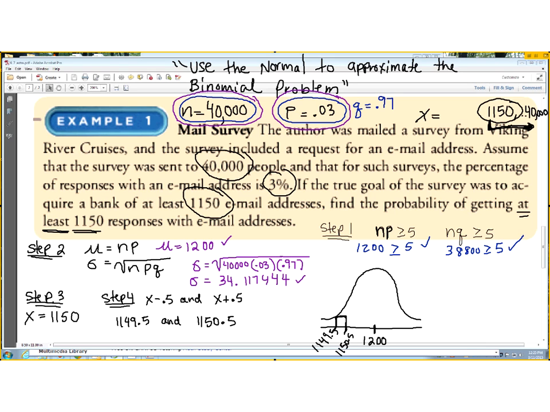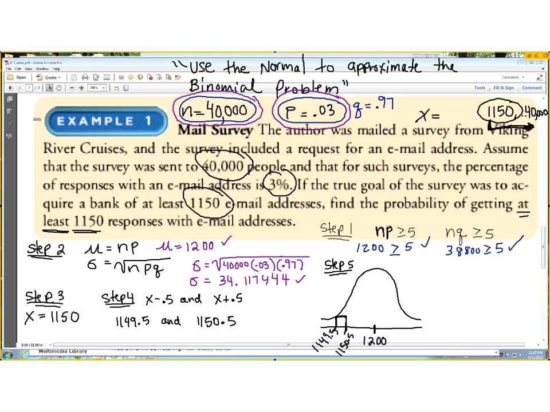Okay, so at this point, we need to decide what region we're shading. Okay, so that's my step 5, which is the distribution here that I just drew. Step 5 is where you draw your distribution. I had already drawn my distribution, but I have to decide which region I'm shading. And do I include the strip?